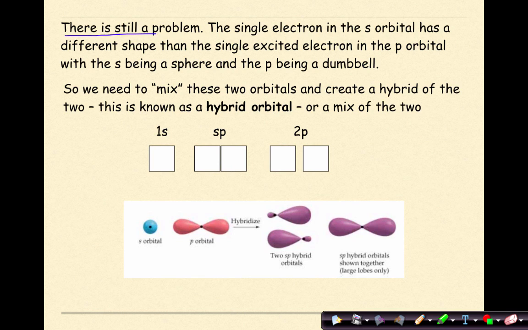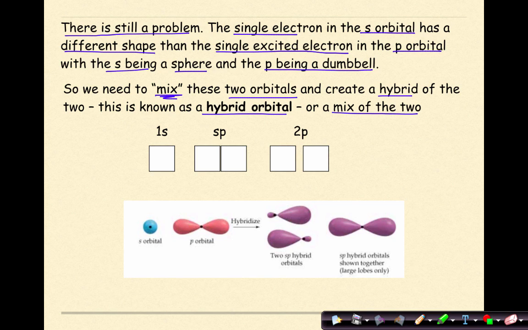There is still a problem though. The single electron in the s orbital has a different shape than the single excited electron in the p orbital, with s being a sphere and p being a dumbbell. So we need to mix these two orbitals and create a hybrid of the two. This is known as a hybrid orbital, or a mix of the two.